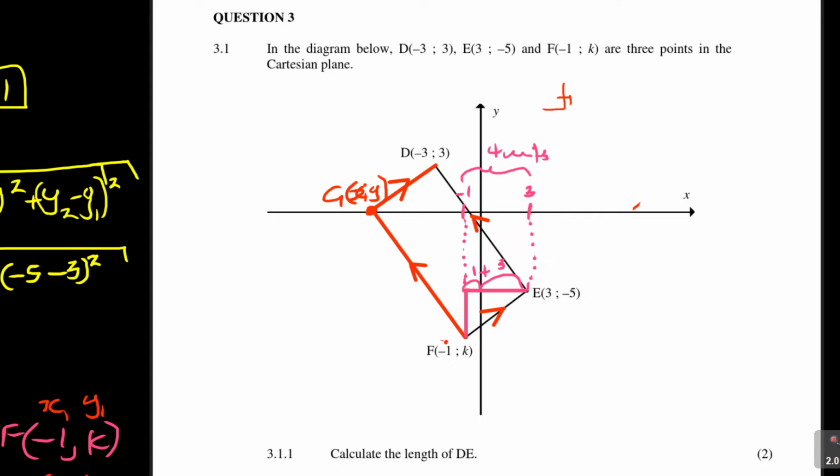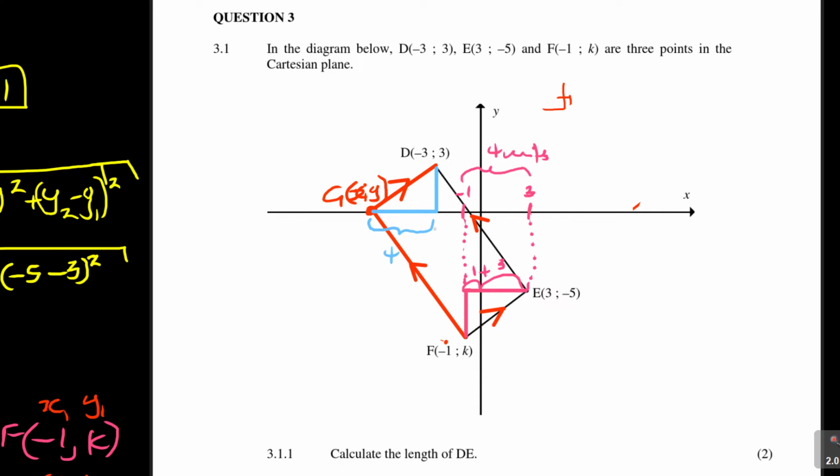The same thing happens here. If I do this line and I do this line, are you with me? Remember, it's the same transformation. So the distance here must be 4 units.